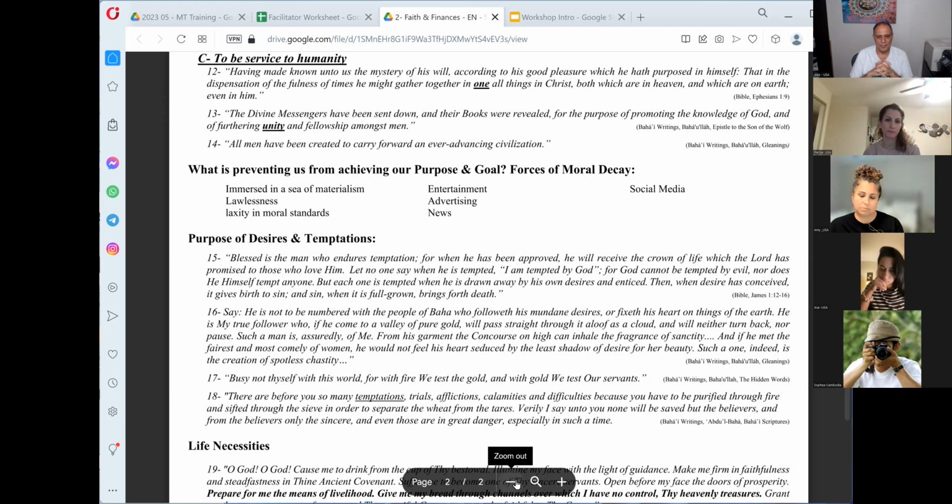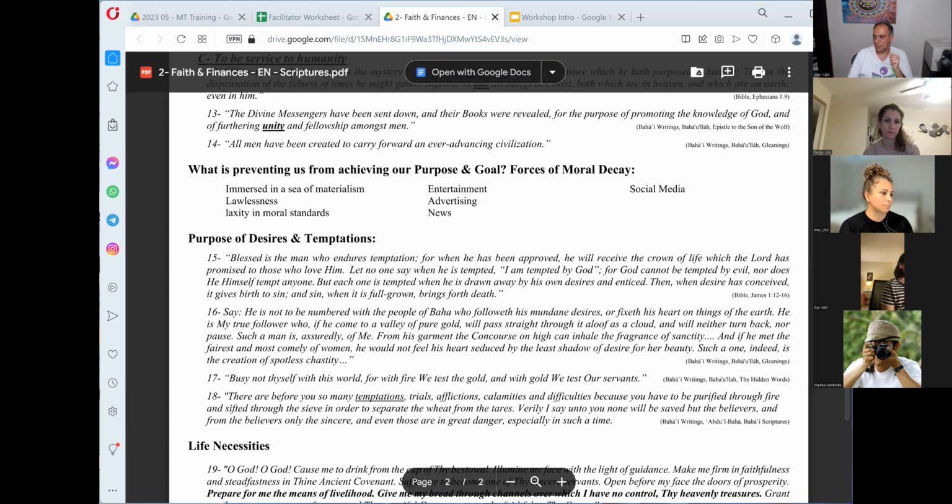But each one is tempted when he is drawn away by his own desires and enticed. Then when desire has conceived, it gives birth to sin, and sin, when it is full grown, brings forth death.